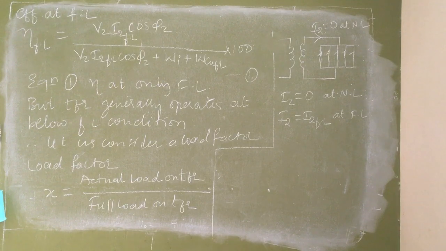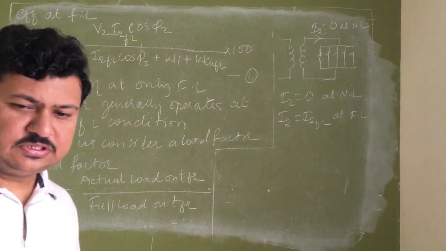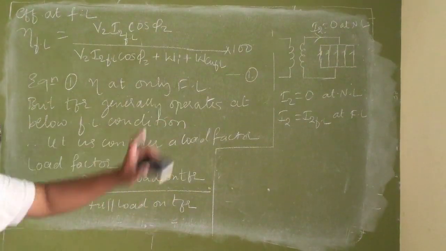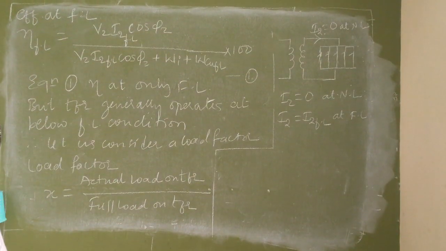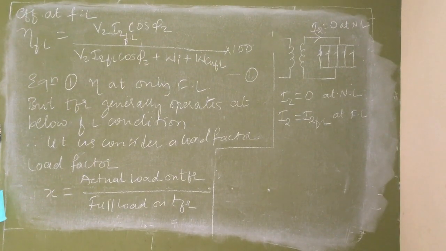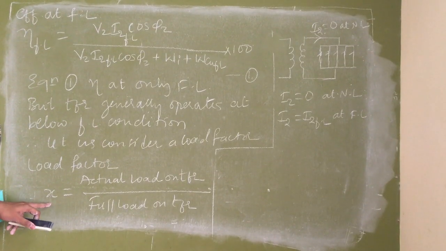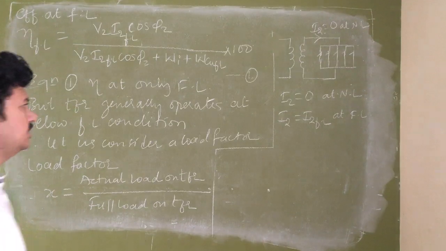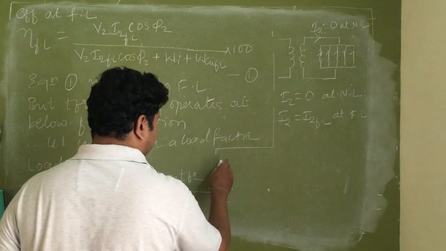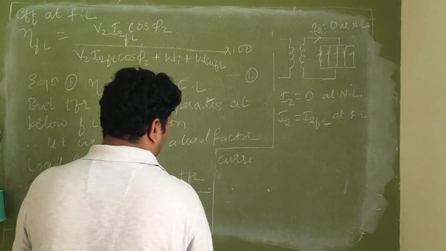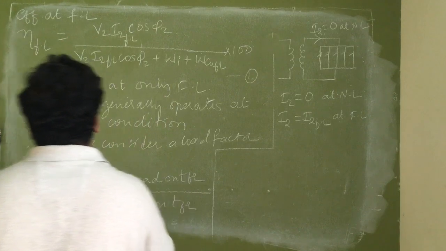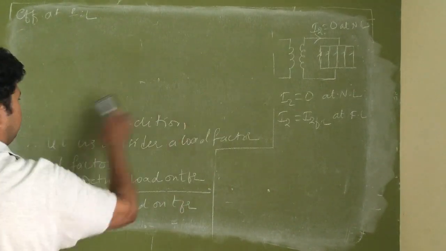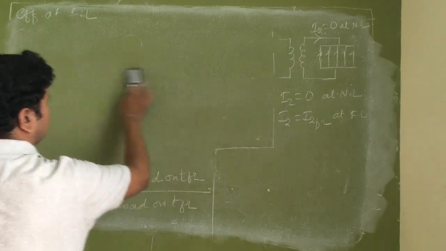We got to know that it is the current which is defining the load condition on the transformer, because V2 is almost remaining constant. Therefore, current at any load condition is given by, or let, that is for understanding, that will not come into the derivation.